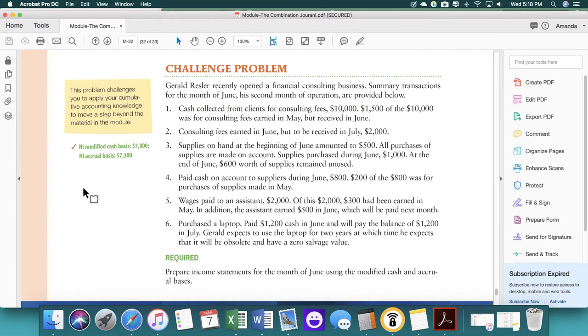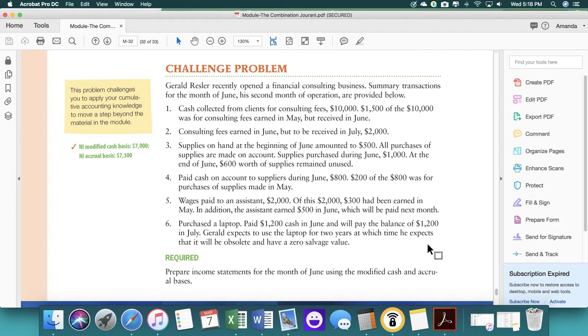So computer expense, we purchased a laptop, we paid $1,200 in cash, and the balance will be paid in July. So since there was no usage of the computer really, we're not going to worry about putting in an amount for that.